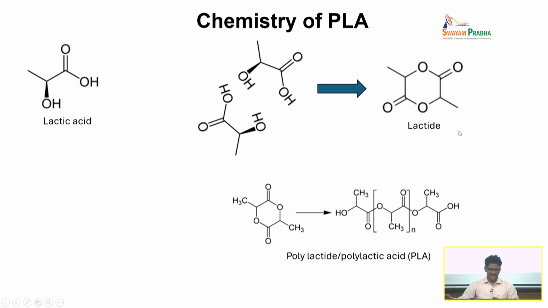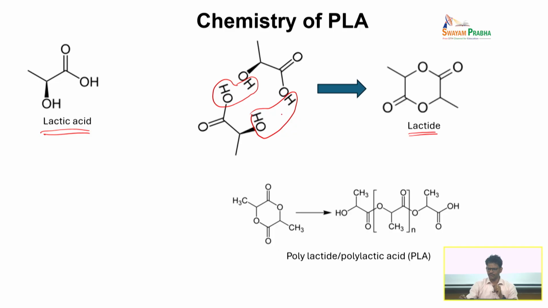Lactic acid is a very simple monomer, but lactide is formed through two molecules undergoing a condensation reaction like this. Two lactic acid molecules come together and water is removed. Then you get this kind of cyclic dimer which we call lactide.